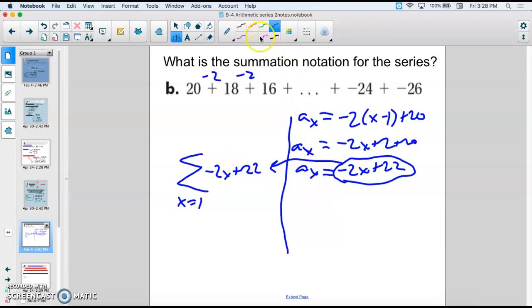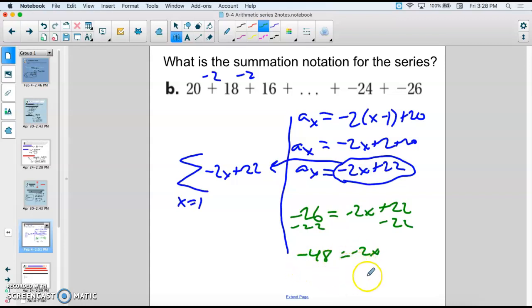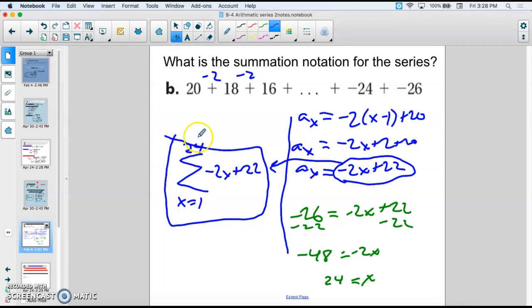Now all I have left is to figure out negative 26 is what term, what number term. So I'm going to plug it in, subtract 22, and I get negative 48 equals negative 2x. And when I divide by negative 2, I'm going to get that it's actually the 24th term. And so I put 24 up on top, and I have written summation notation for the series.